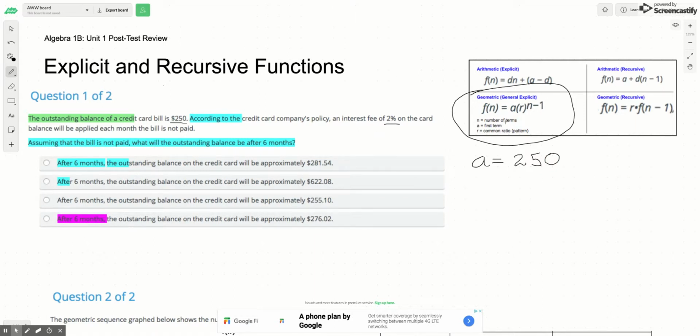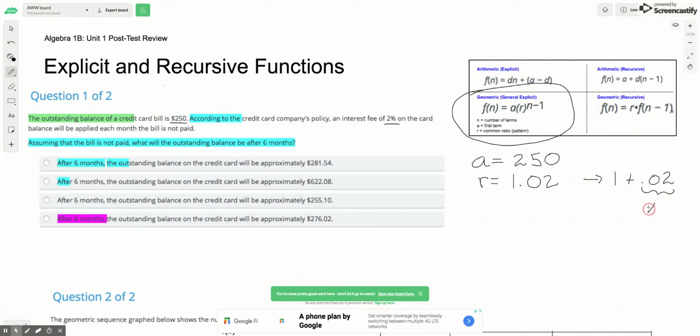Now, the common ratio, or the rate of increase, is going to be 1.02. And again, this is from Algebra 1A. This is the same thing as 1 plus 0.02. 0.02 is the percentage in decimal form.